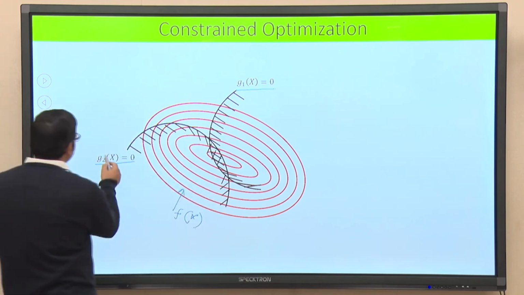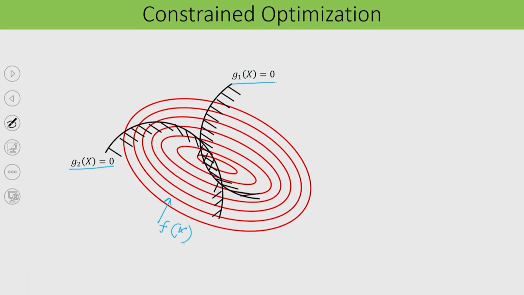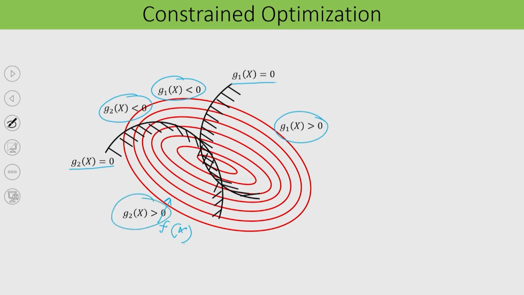We have two constraints here, g 1 equal to 0 and g 2 equal to 0, and this is a less than or equal type constraint. So this is the region where g 1 is less than 0 and g 2 is less than 0, and this is the region where g 1 is greater than 0 and g 2 is greater than 0.